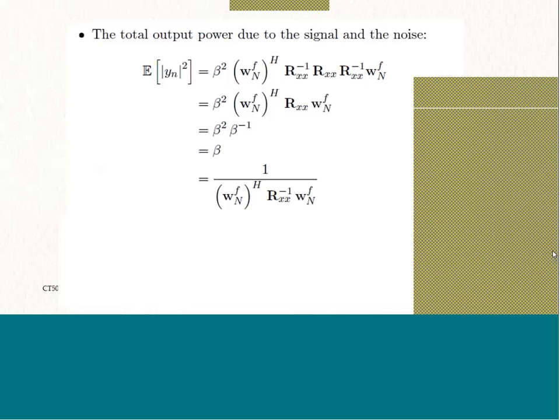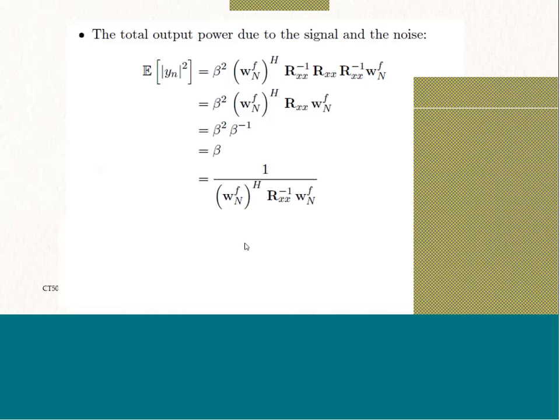That is Wn Hermitian Rx into Wn. Barely audible. Maybe you need to come closer to your microphone. Hello. Yes. That is Wf Hermitian into Rxx into Wf. Yes, you're right. I didn't fully understand what you're saying, but I'll take your answer.